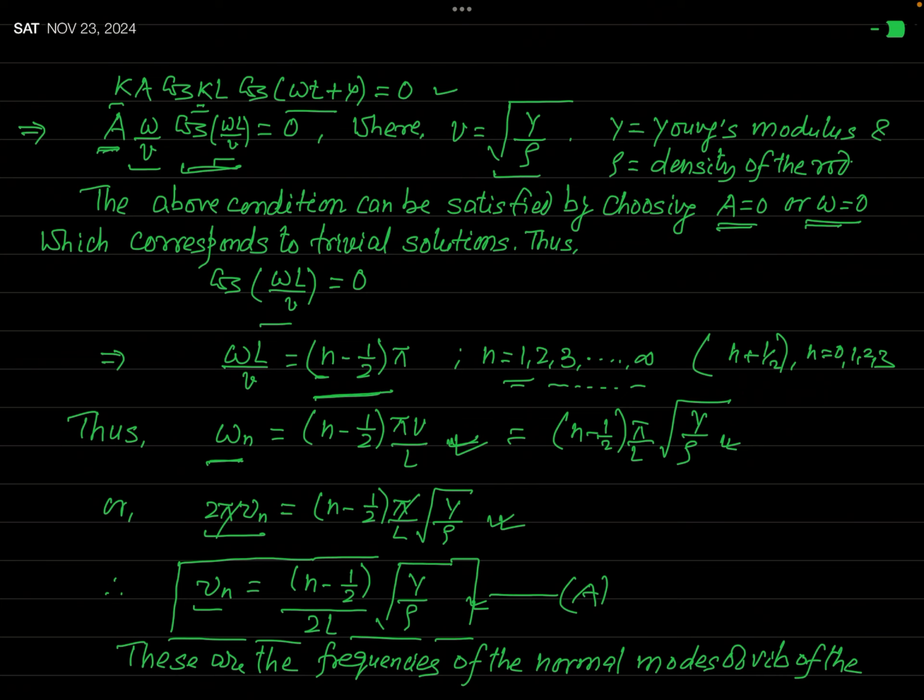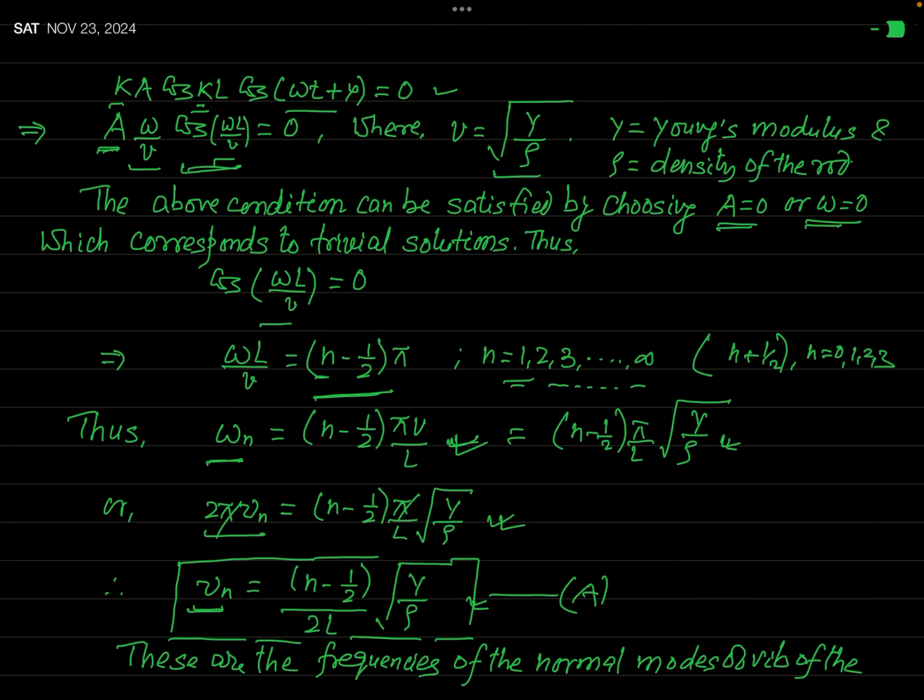This equation will give all the frequencies present in the vibration of this rod. Taking the different values of n, we can obtain all those values. But before that, this nu n is the frequency of the nth mode of vibration.